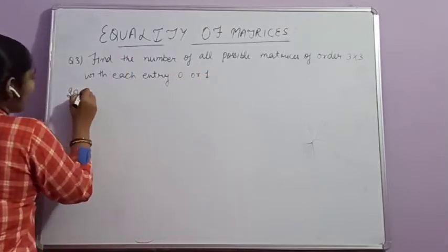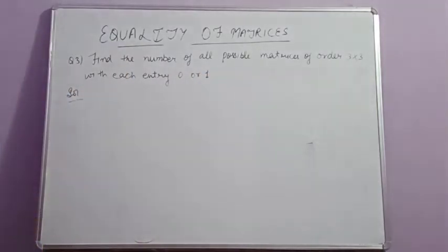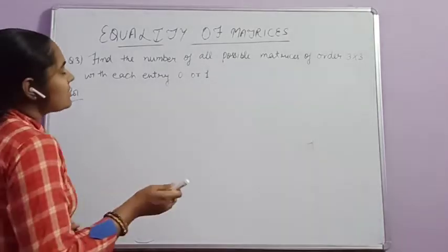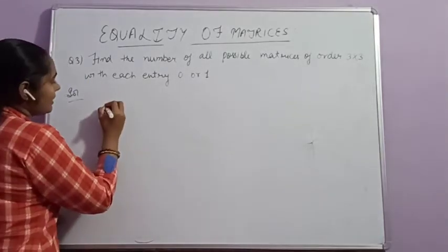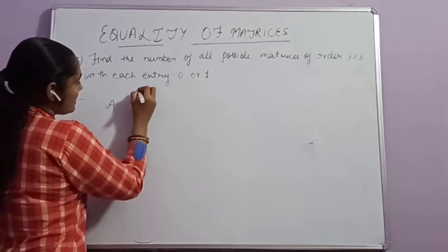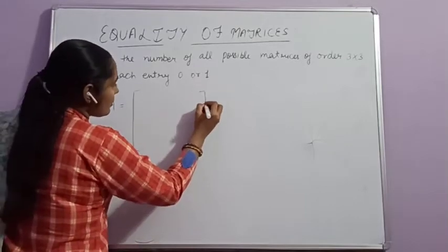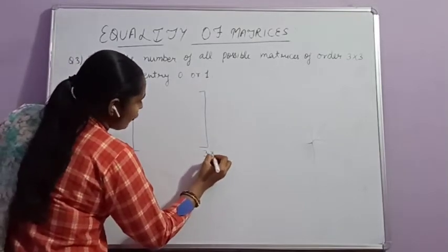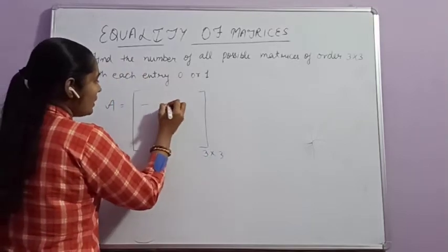We have to find out the number of matrices having entries 0 or 1, but the order of the matrices is given, that is equal to 3 cross 3. Let A be the matrix with order 3 cross 3. It means the number of rows must be 3 and the number of columns must be 3.